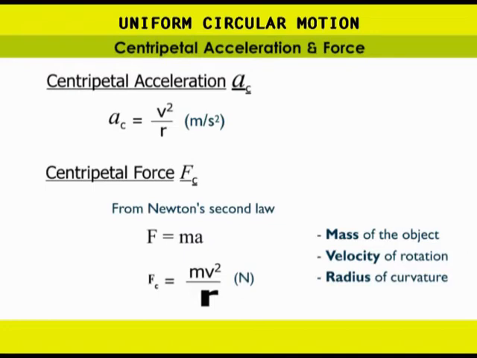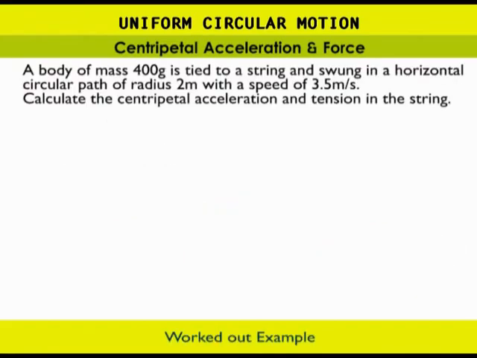Let's take an example. A body of mass 400 grams is tied to a string and swung in a horizontal circular path of radius 2 meters with a speed of 3.5 meters per second. Calculate the centripetal acceleration and tension in the string. So, centripetal acceleration is given by v squared over r, which is equal to 3.5 squared over 2.